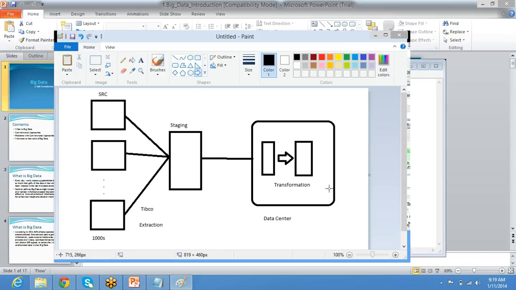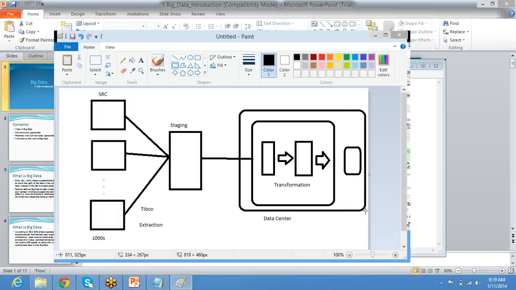Let me draw the arrow for the same. I don't have a mechanism for the cylinder here, no issues, let me write. It will be loaded into your data warehouse. The data warehouse is surely part of your data center only. Since my figure was a little small.